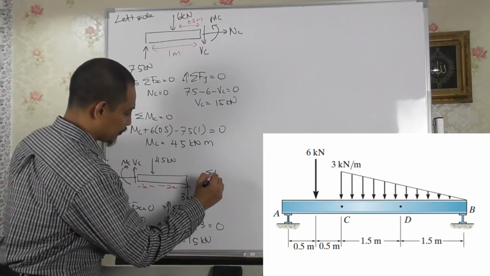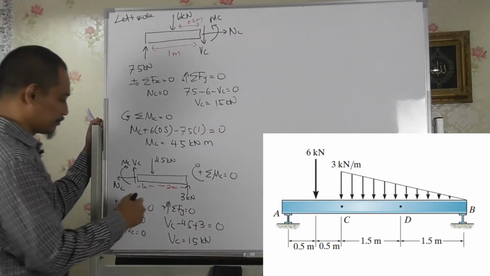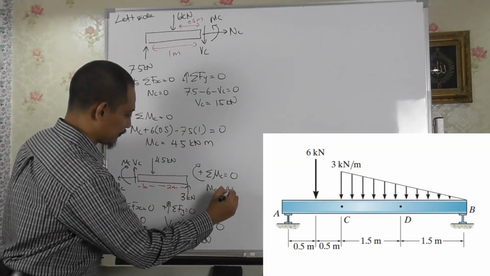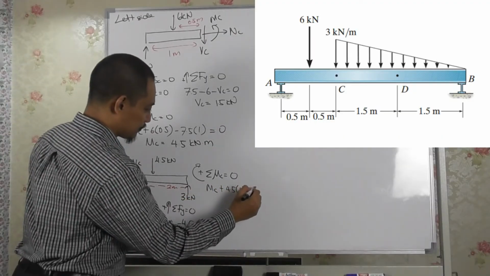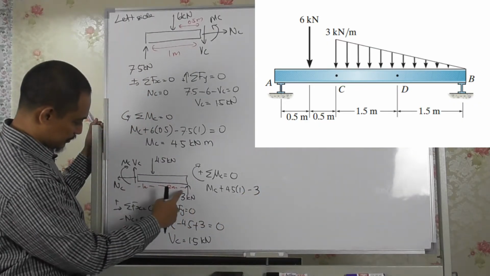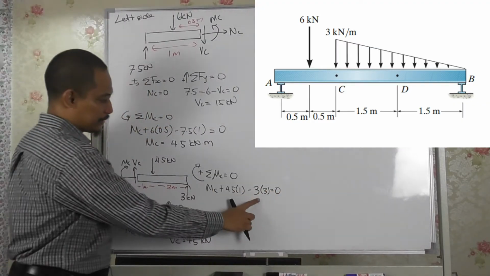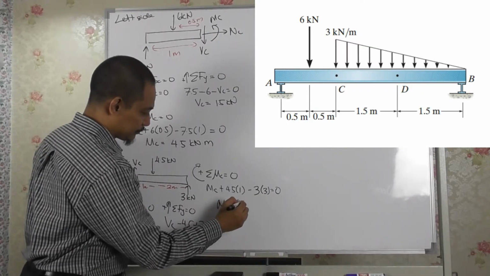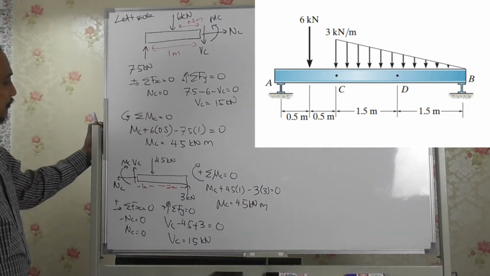And then summation of moment about point C equal to 0, taking clockwise as positive, so MC plus 4.5 times 1 minus 3 times 3 equal to 0. So MC equals 9 minus 4.5 kilonewton meter. That is the same as this one, right?